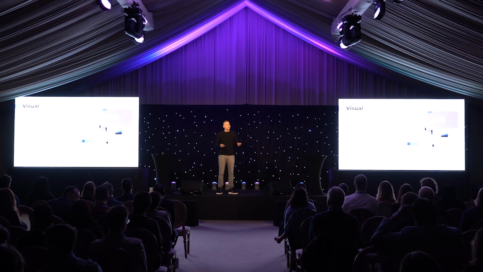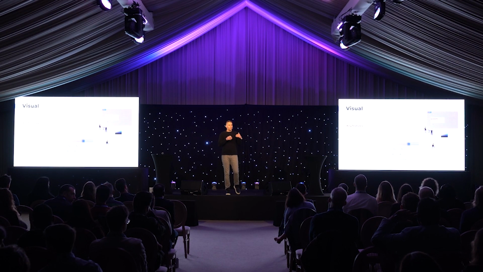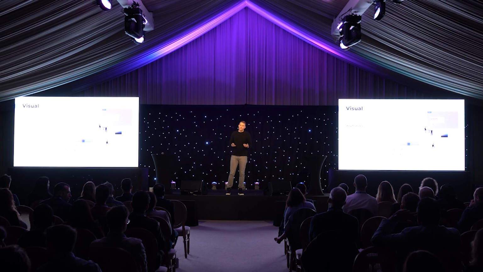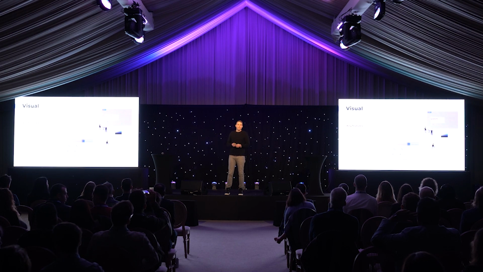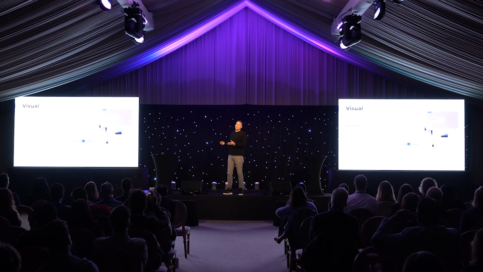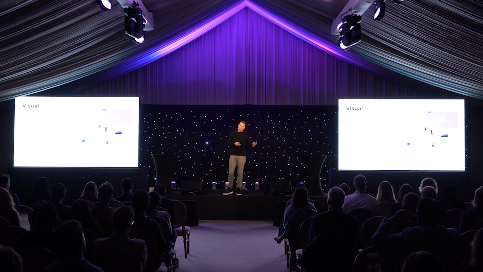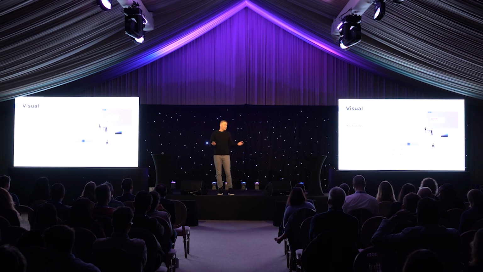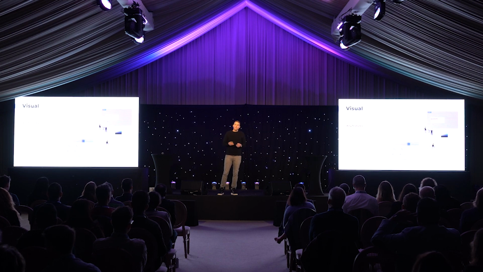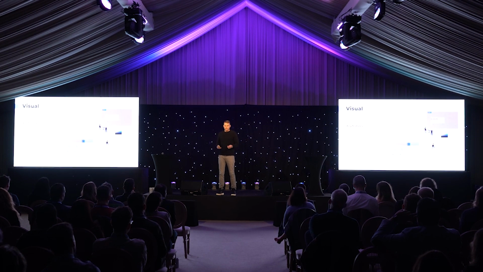So what is the Visual Builder? The Visual Builder allows you to edit content directly in line on the website, whether that's text, images, or videos. It also allows you to create a page from scratch using blocks from your design system. So your design team, your developers are going to set you up with a library of components that you can then mix, add to the page, and update.